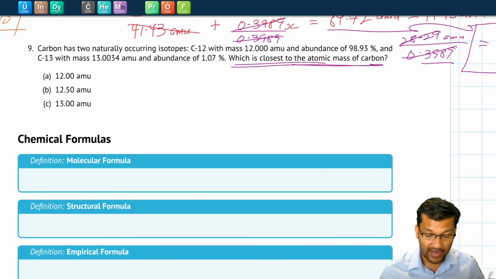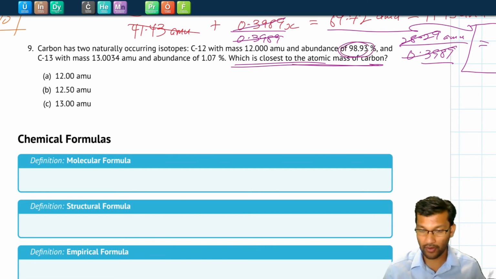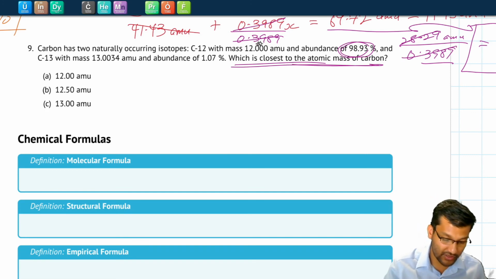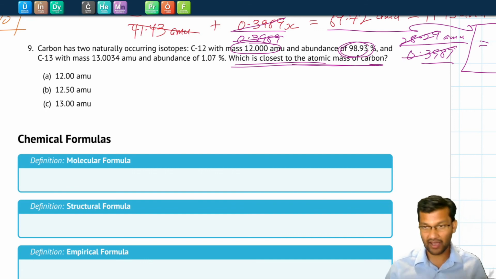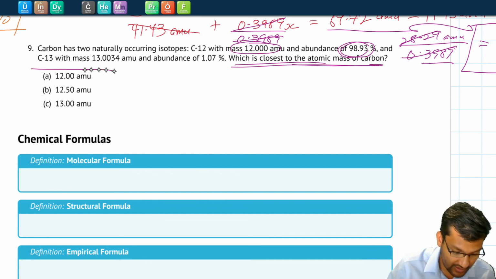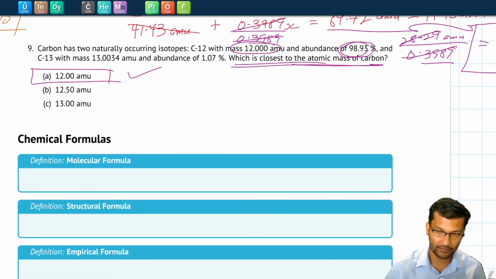Well, carbon-12 is almost 99% of all carbons that you're going to find naturally. So if most of the carbon you're going to find naturally is close to 12 atomic mass units, then the average atomic mass is also going to be close to 12 atomic mass units.